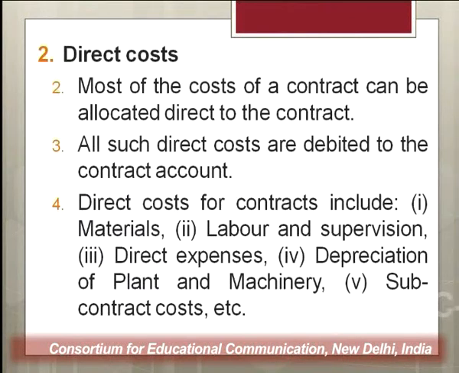If you recollect, in my previous lecture we discussed that under contract costing, normally the contract amount is large, like in the construction business, the public works department or shipbuilding. If you have undertaken to manufacture a ship, that contract is allotted a number, and most of the cost incurred for the construction of that ship is of direct nature. All costs of direct nature are directly debited to the contract account.